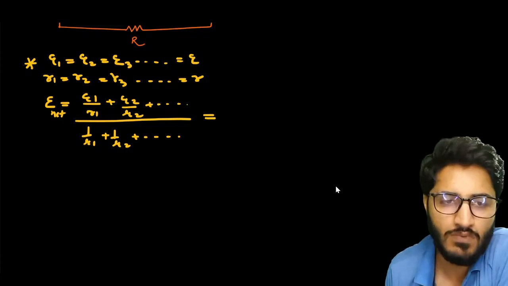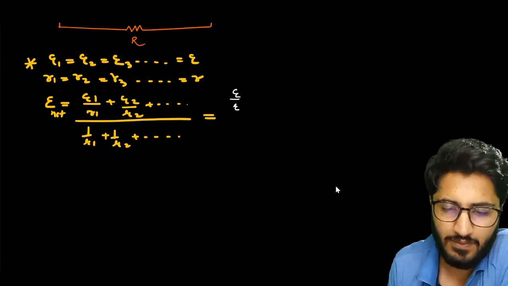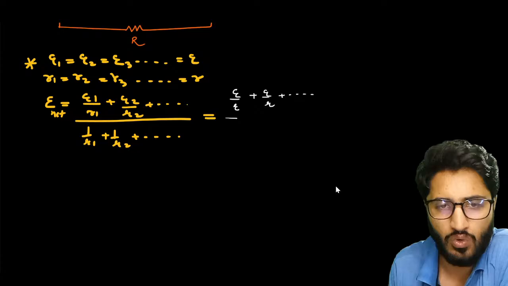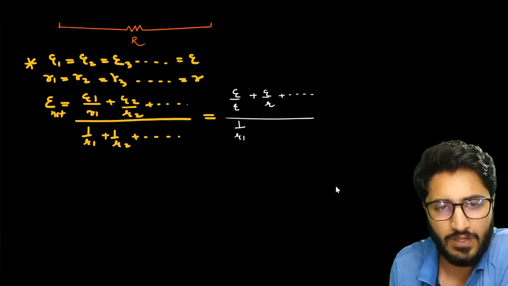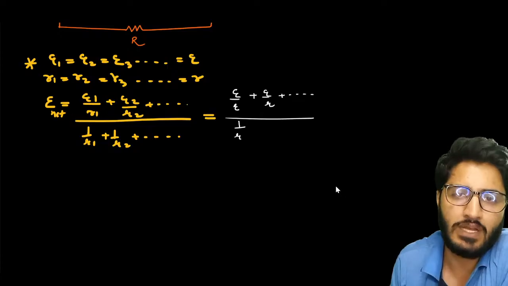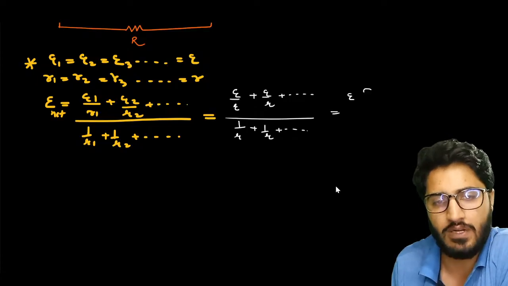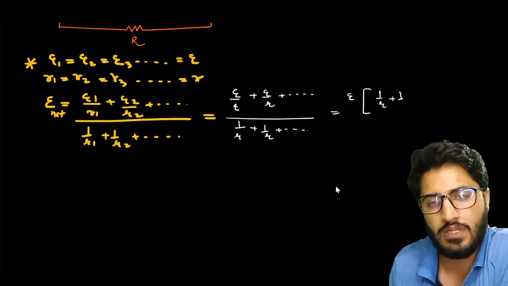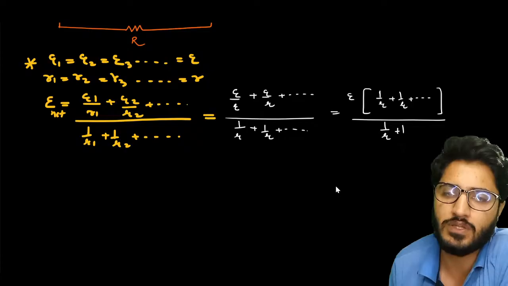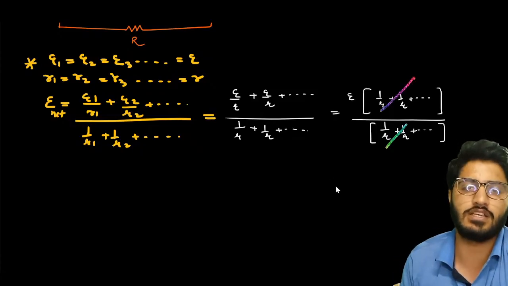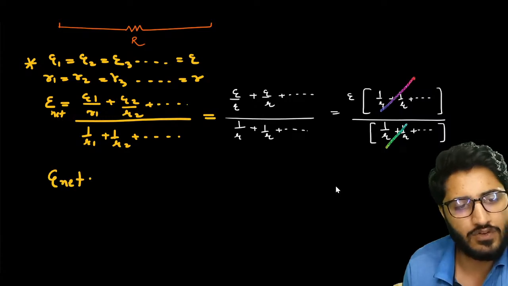So I will write now E by R plus E by R and so on, whole divided by 1 by R plus 1 by R and so on. I will take E common, then we have 1 by R plus 1 by R plus so on, whole divided by 1 by R plus 1 by R plus so on. You can see I will cancel these. So in this case, my E net is equal to E only.